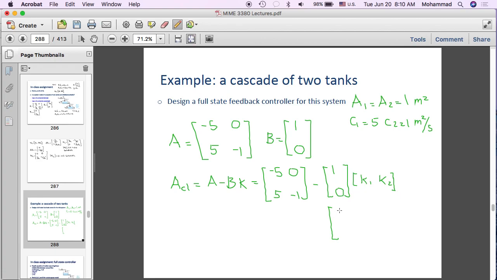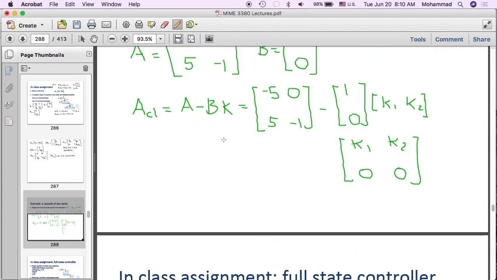Row 1, column 1 is 1 times K1, so it's K1. Row 1, column 2, the same way is K2. Row 2, column 1 and row 2, column 2 are 0. So we need to subtract this from matrix A in order to find the closed loop A. So A closed loop is a 2 by 2 matrix.